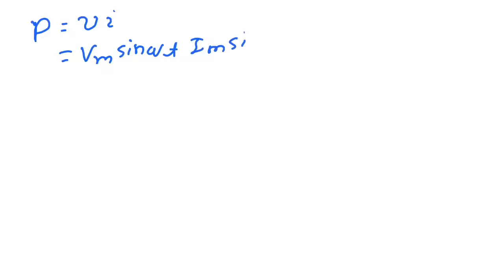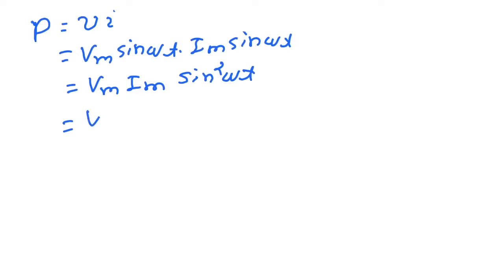Now the instantaneous value of power is given by P equals the product of the instantaneous values of voltage and current. So it is equal to Vm sin omega t into Im sin omega t. We put the values of V and I, so it is equal to Vm Im sin square omega t.